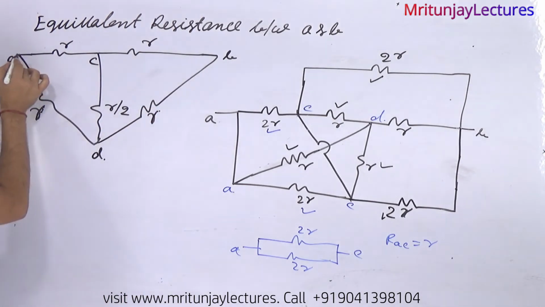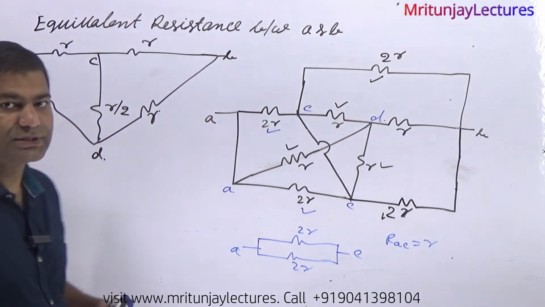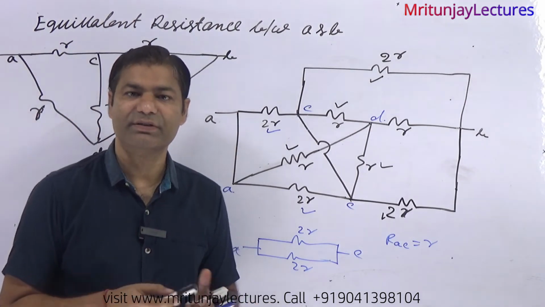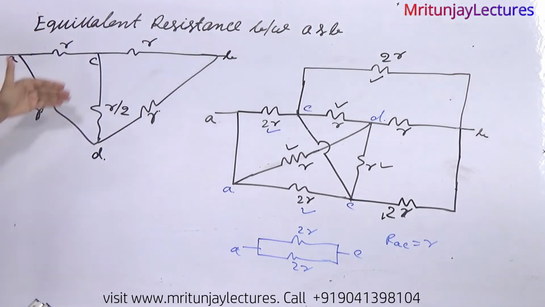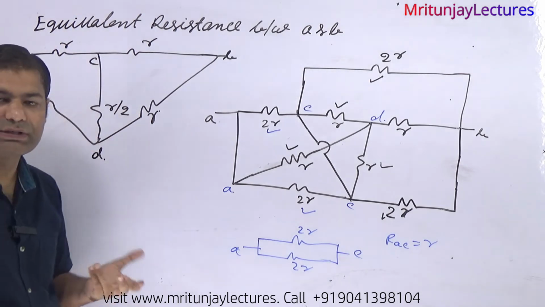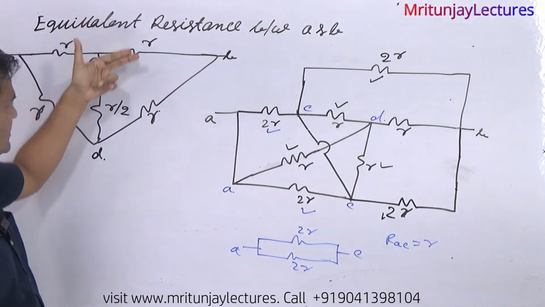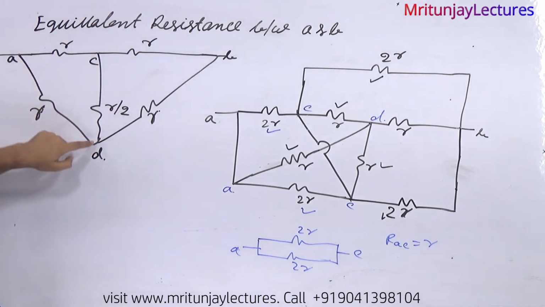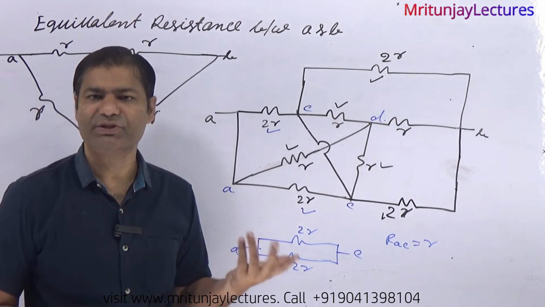Now it looks like a Wheatstone bridge. If you see here, it looks like a Wheatstone bridge. You check the symmetry. This ratio, R is to R, 1 is to 1, 1 is to 1. If the ratios are 1 is to 1, then those points are at the same potential, which you can also check with the help of the Wheatstone bridge.